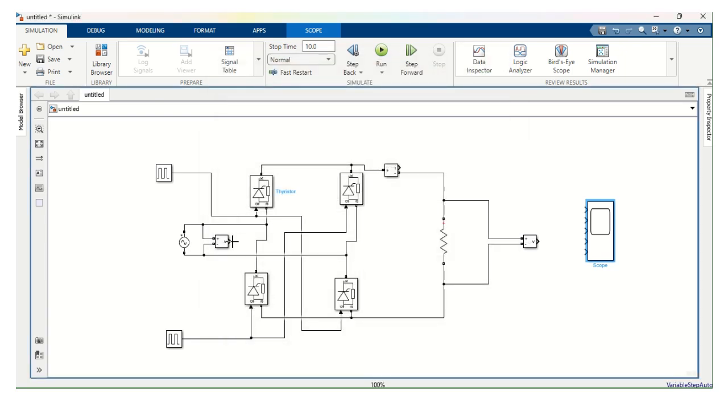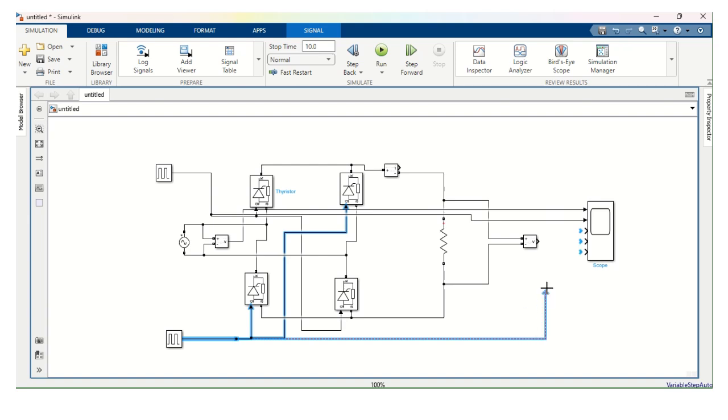So first one, we are going to connect the supply voltage. That is the first one. Next, triggering pulse. So this one is going to control positive half cycle. So let's give it as a second one. And this pulse is going to control negative half cycle. So third input.